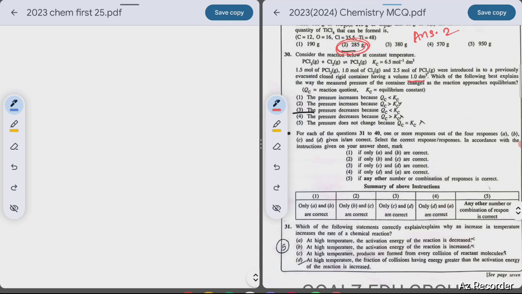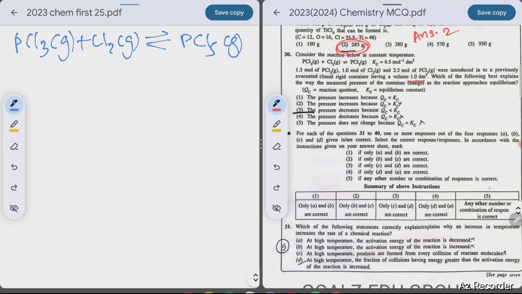Now, this reaction happens in the gas state, right? All three are in the gas state. PCl3 gas plus Cl2 gas gives PCl5 gas. Here we have 1.5 moles of PCl3, Cl2 has 1 mole, and PCl5 has 2.5 moles.